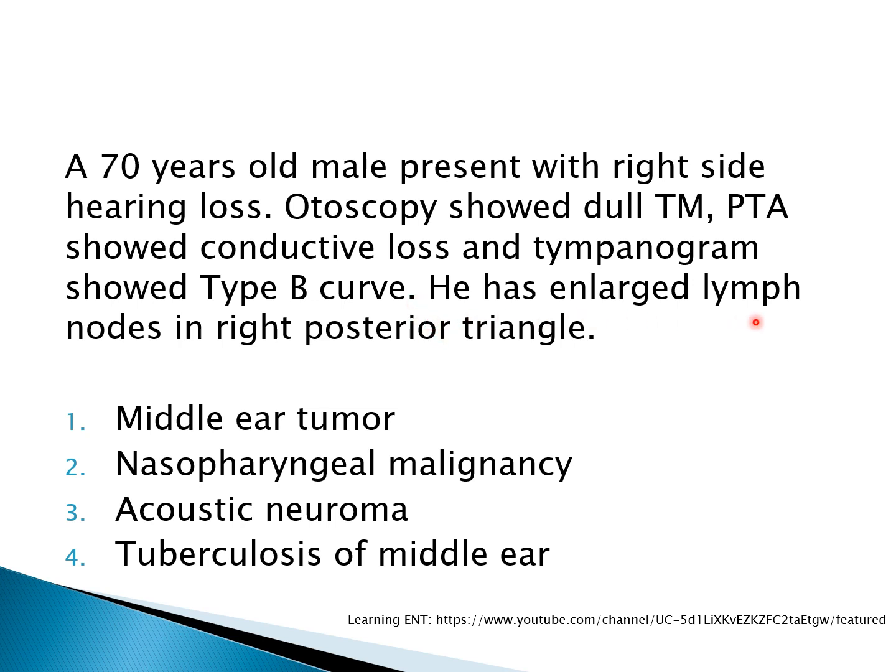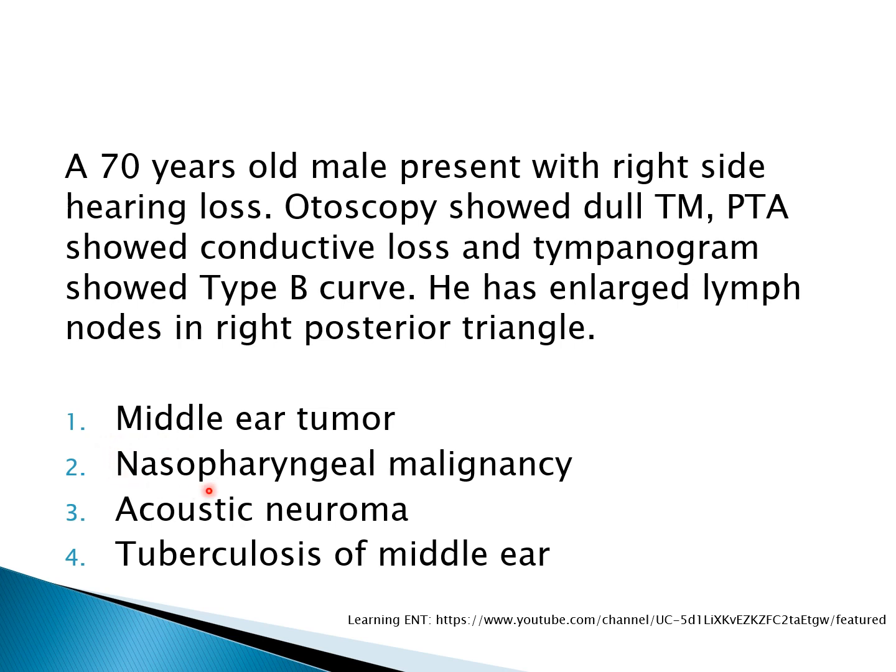Now here one more detail is given that he has enlarged lymph nodes in the right posterior triangle. So what is the most probable diagnosis? We'll go one by one. So the first option is middle ear tumor. It can cause conductive loss, dull tympanic membrane, and everything except that it is not a very common cause for right posterior triangle lymph nodes.